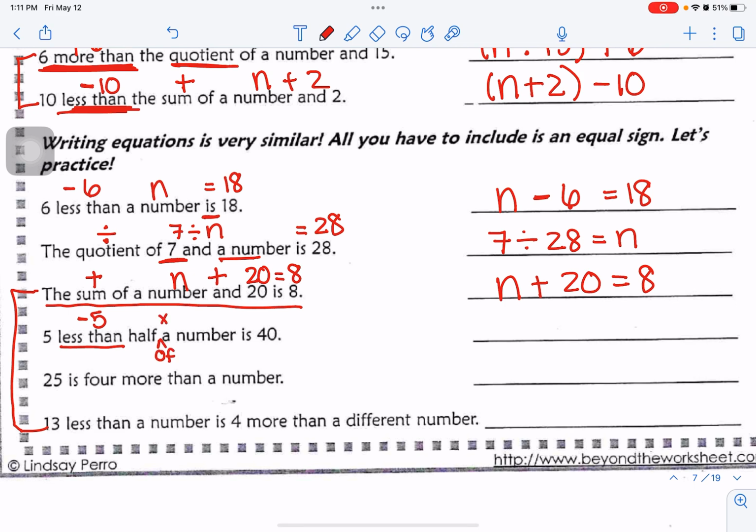Half, and there should be of. That's how I know we need to multiply. I have half of a number equals 40. So then I would have 1/2 n minus 5 equals 40.